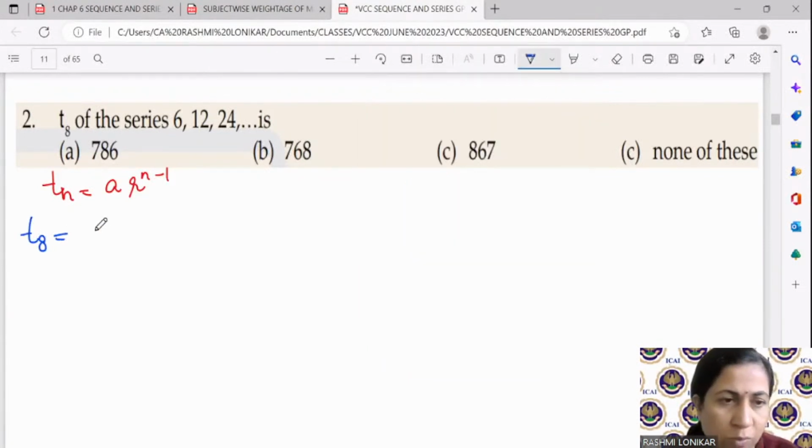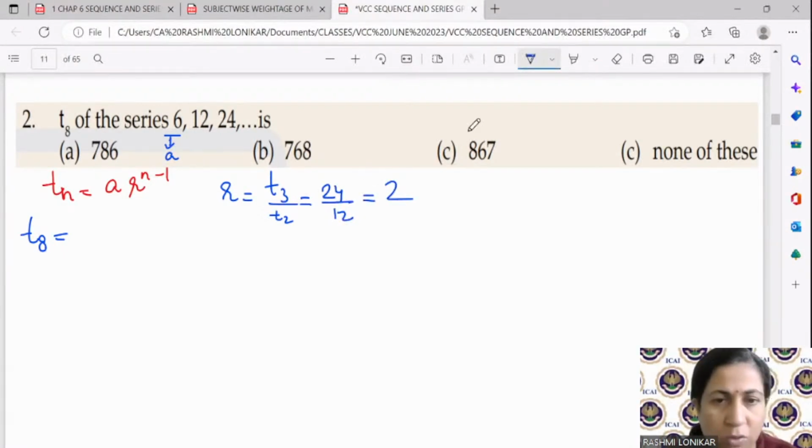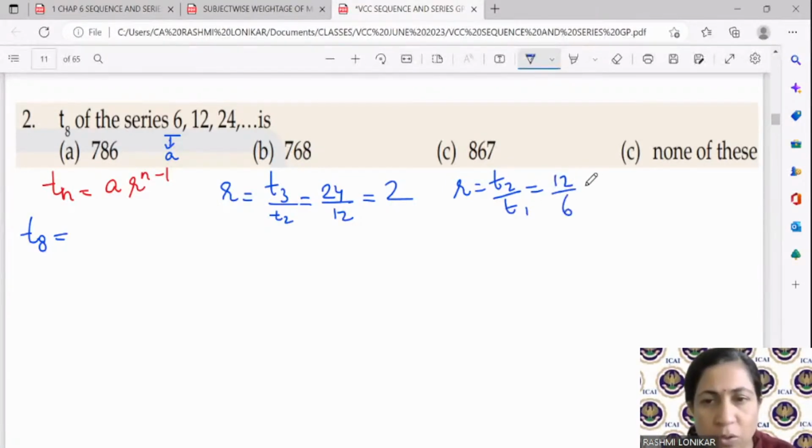So T8 is what? What is the first value? This is A. And what is R? R is equal to T3 upon T2, which is equal to 24 upon 12, which is equal to 2. And R is also equal to T2 upon T1. Make sure that you are doing it twice so that even if you made a mistake here, you will quickly realize.